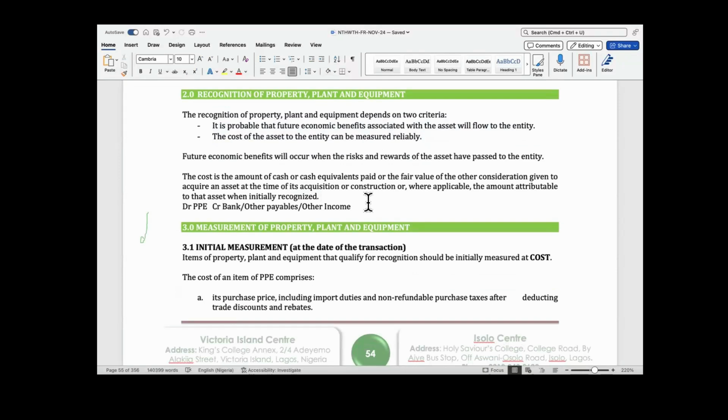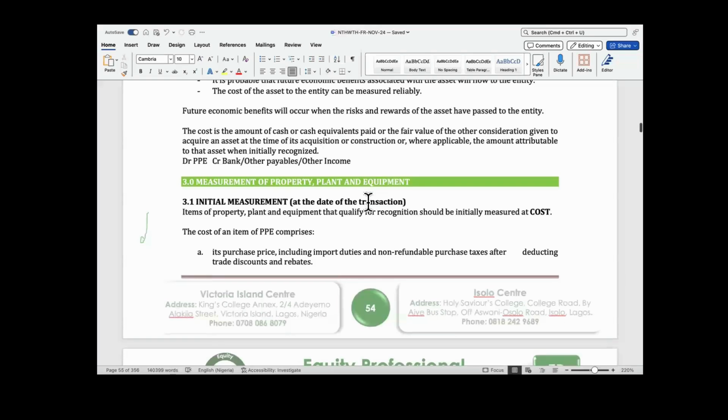Now, when you have recognized this PPE in your books, what amount do you put it in your books? That takes us to measurement. When it comes to measurement, there is always initial measurement and there is always subsequent measurement.